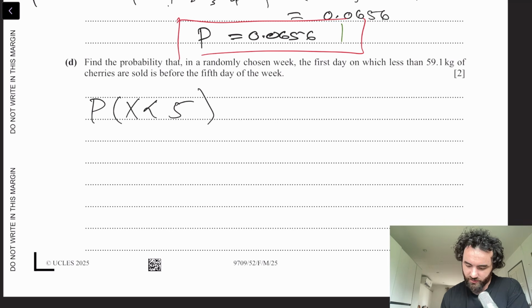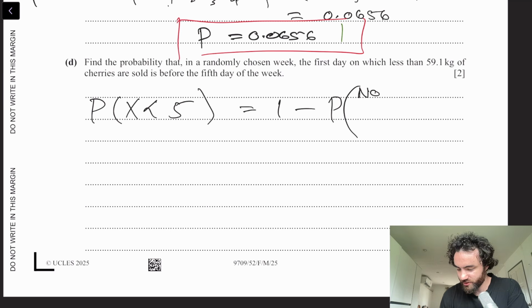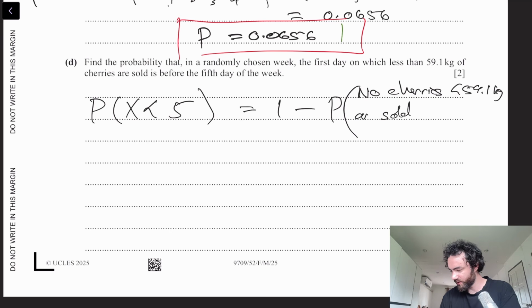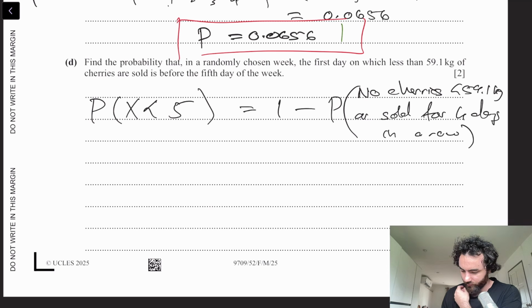So the cherries are sold before the 5th day. This is the same as 1 minus the probability of no cherries less than 59.1 kgs being sold in 4 days in a row, right?